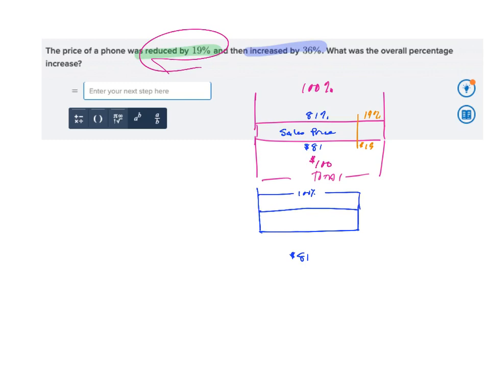And they want to increase by 36%. So we're going to increase 36%. And what they want to know is, what's our new total? What's the new amount?